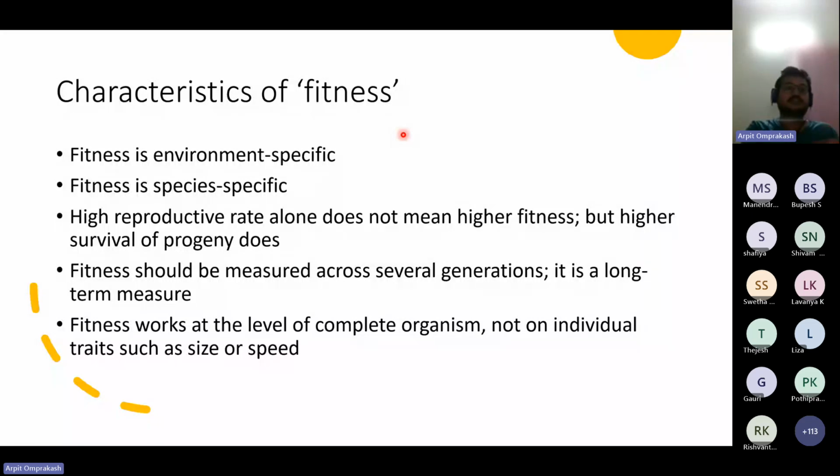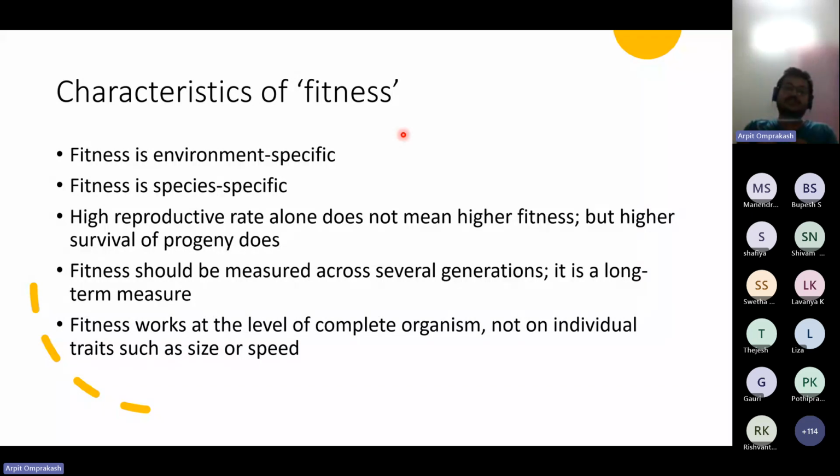But if you wanted to keep a pet camel in the city, the camel is not very fit in the city because it has no adaptations that can help it survive better in the city. All the adaptations that it has are for the desert. So basically, fitness is environment specific. If you have an organism in one environment, it might have a certain fitness, but if you move it to another environment, the fitness of the organism might increase or decrease based on the environment.